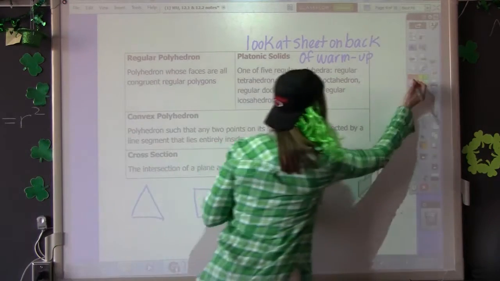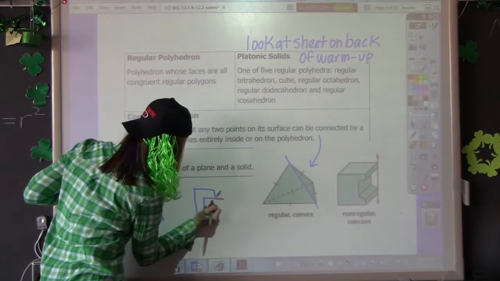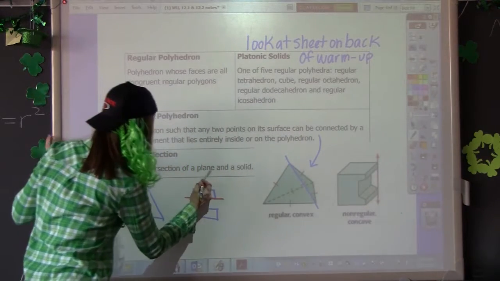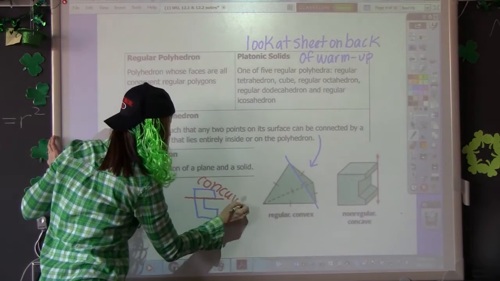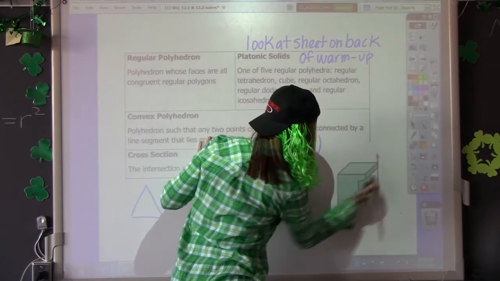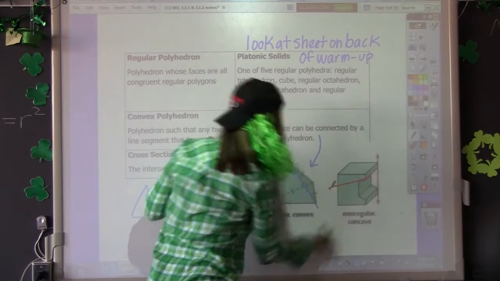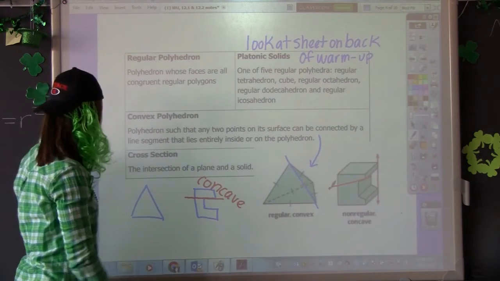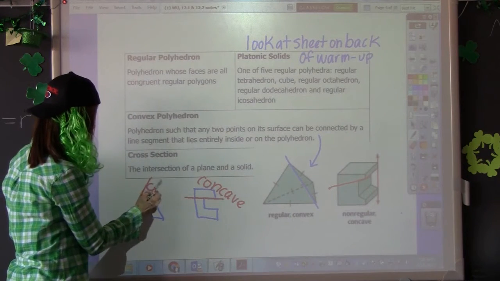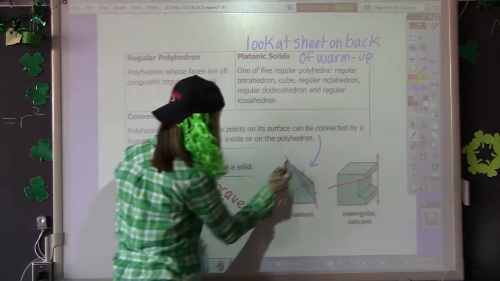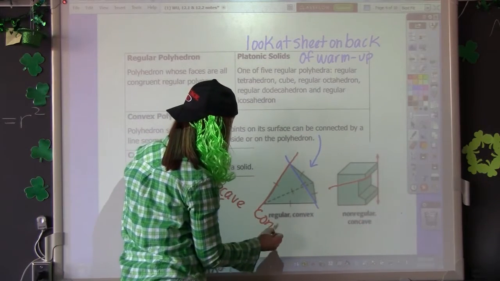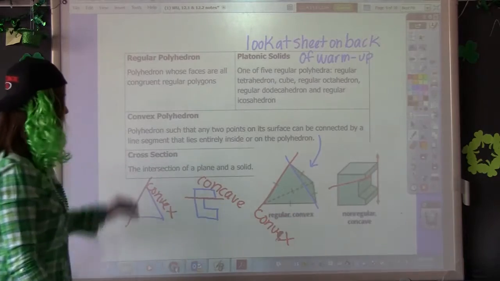If you took a side and extended it and it cut through the figure, it was concave. Same concept here. Concave, convex. You can read the definition.